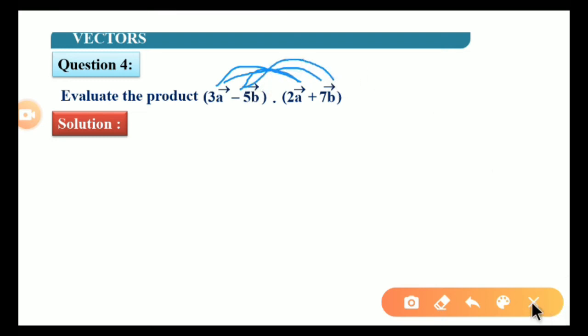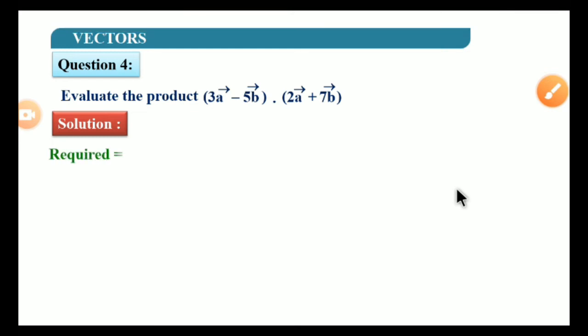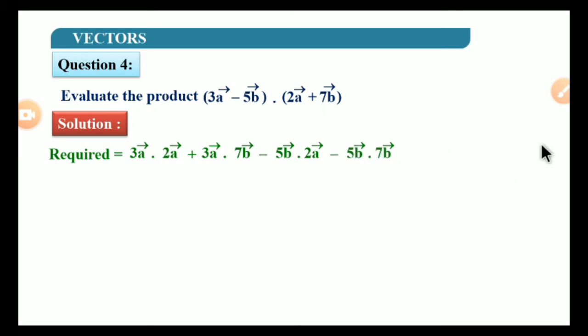Like that, here we have to multiply. Therefore here required, that is 3a dot 2a plus 3a dot 7b minus 5b dot 2a, because minus into plus becomes minus, so 5b dot 2a, and also minus into plus becomes minus only, so 5b dot 7b.